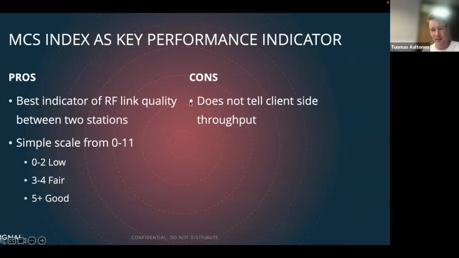So if we take the example of a 65 megabit per second data rate, it wouldn't necessarily tell us what the link quality is, or whether the Wi-Fi is stable, or even the client side throughput. So the data rate in megabit per second does have that limitation. In that sense, the MCS index works as a better metric to understand the link quality and how the Wi-Fi is working.